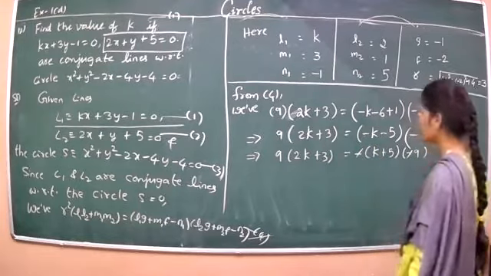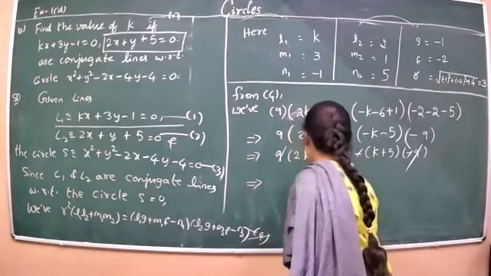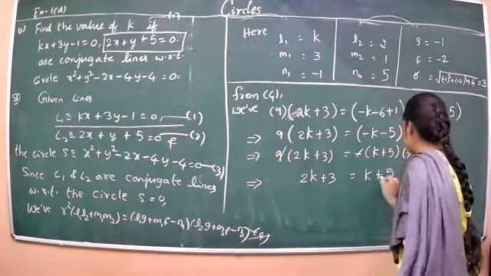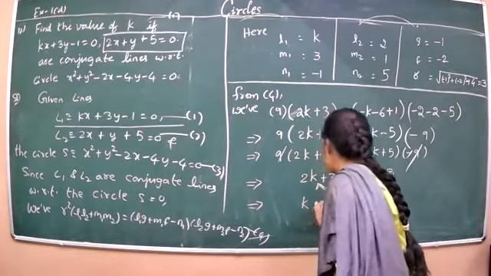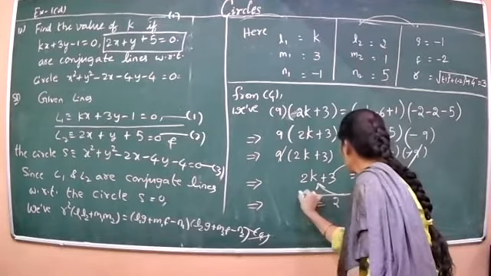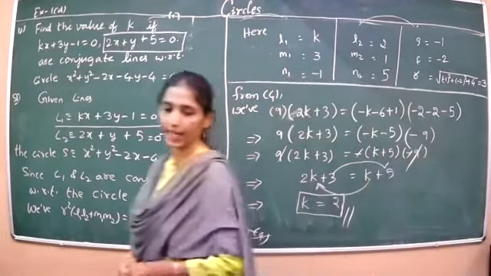Now minus into minus is plus, and 9 into 9 gets cancelled, from which 2k plus 3 will be equal to k plus 5. Transposing k to the other side, 2k minus k is k, and 3 to this side, 5 minus 3 will be 2. Therefore, the value of k is equal to 2 if the given lines are conjugate.